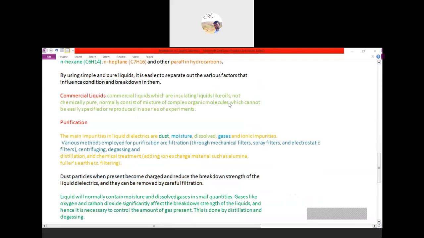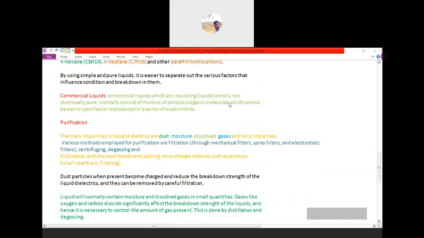Now consider commercial liquids. Commercial liquids are insulating liquids like oils, and they are not chemically pure.